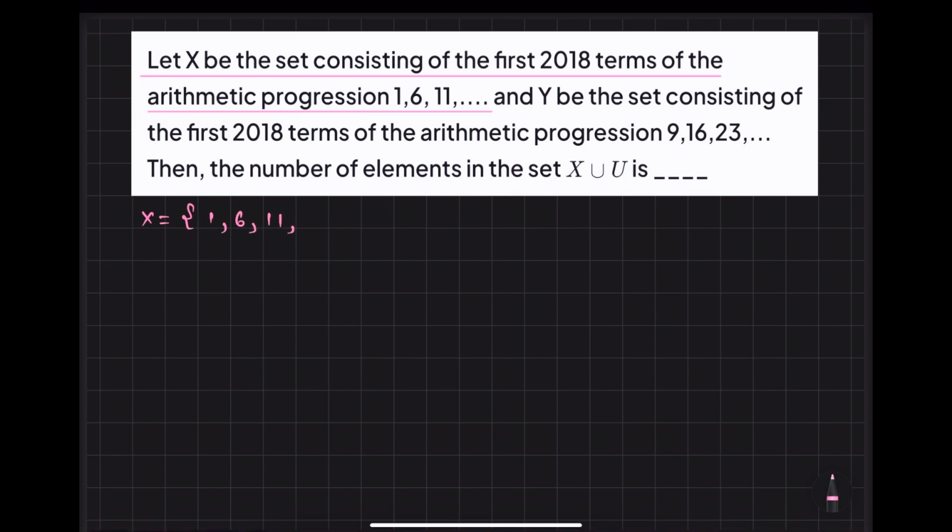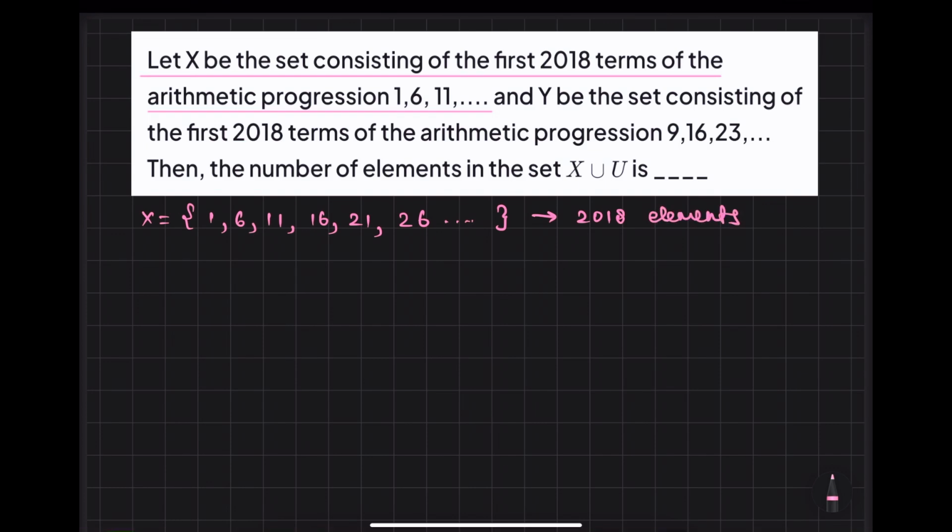If you observe, the common difference is 5, so it is 16, 21, 26. This will keep on going till 2018 elements.